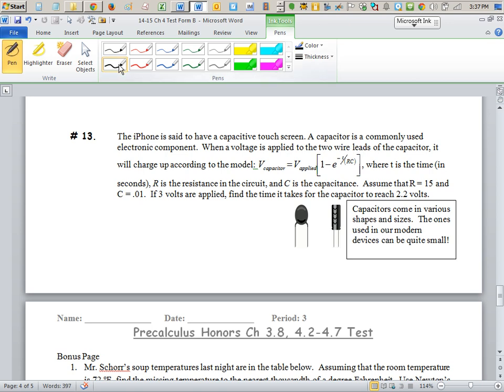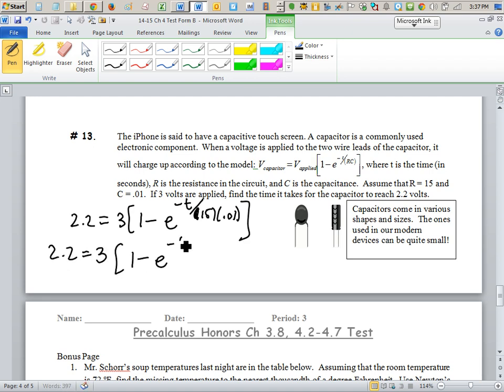So basically what we're saying is 3 volts are applied, so we can use that. 2.2 volts is the voltage in the capacitor, and everything else is just plug it in. Find the time, it says, and RC is 15 times 0.01, also known as 0.15. So we basically have 2.2 equals 3 times (1 minus e to the negative t over 0.15), and now you begin isolating t.